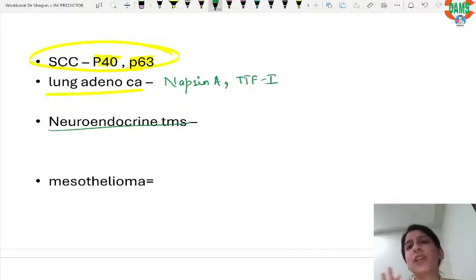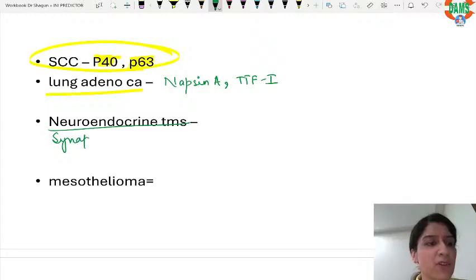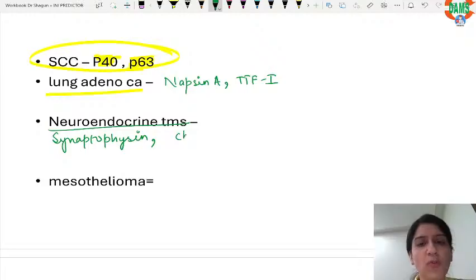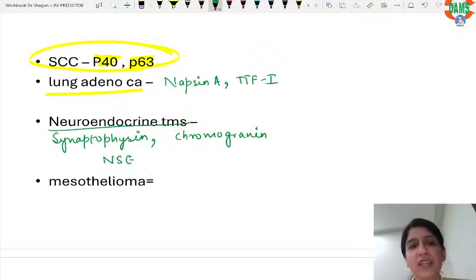For any neuroendocrine tumor, whether you say small cell carcinoma or any neuroendocrine tumor, they are going to be synaptophysin positive, chromogranin positive, NSE, neuron specific enolase positive, and CD56 positive.